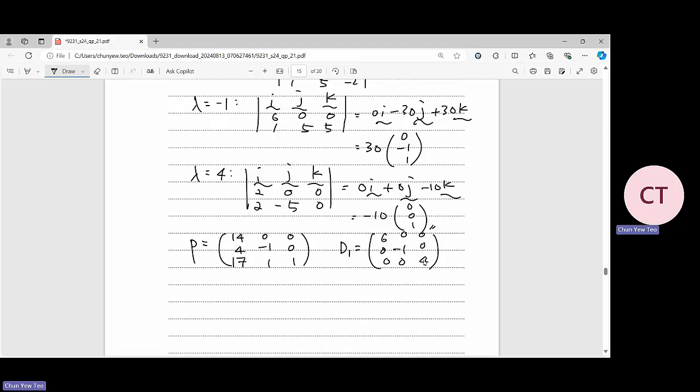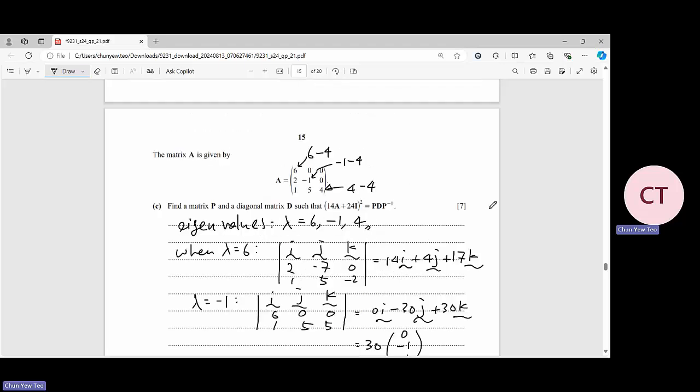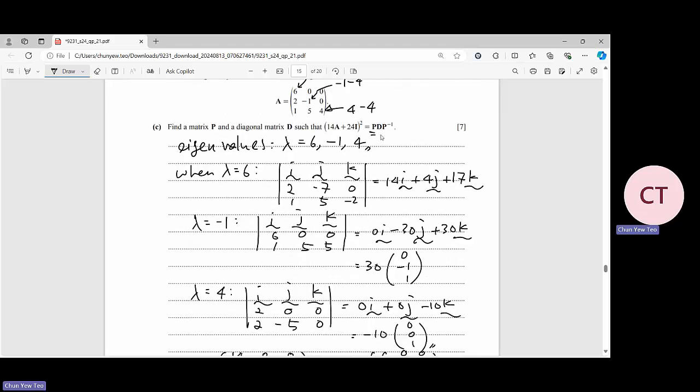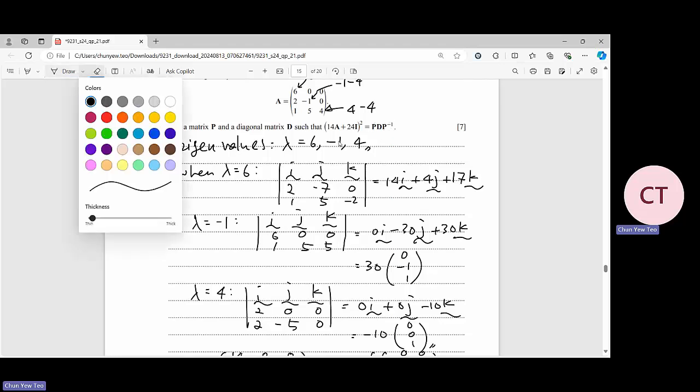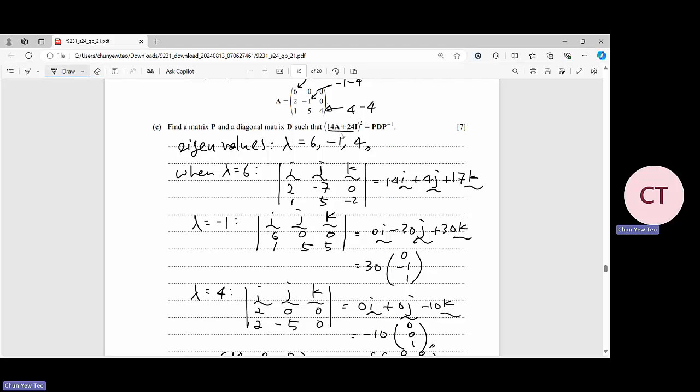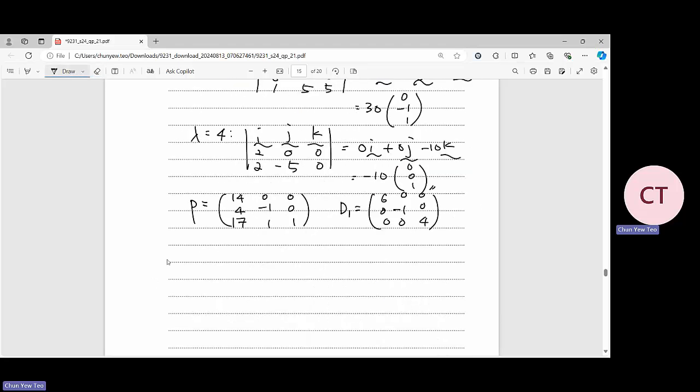Now, the question asks you to find D. We have found D1, but D will be a bit complicated because this is not usual. So what you can do is first let this 14a plus 24i be a matrix called B. We know that the eigenvalue for B will be related to the eigenvalue for this over here.